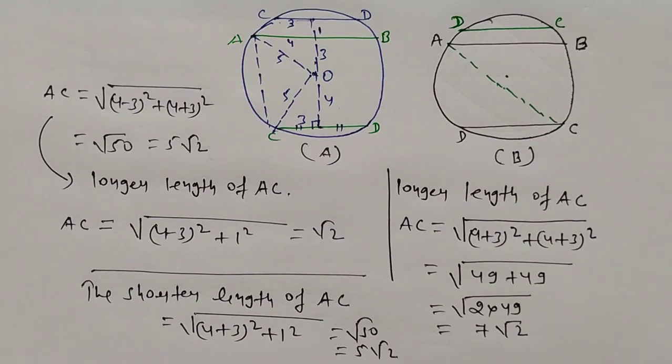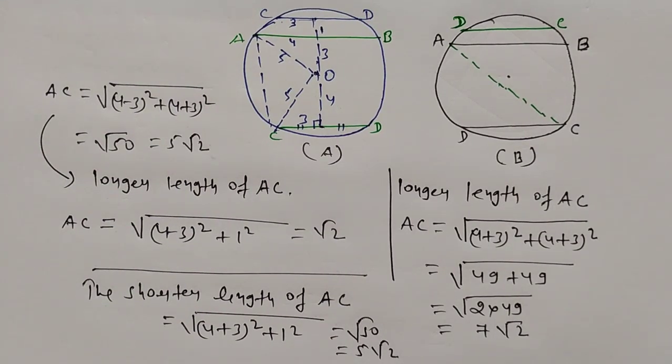So now these are the shorter and the larger lengths of chords, and this is the length of chord AC, and we can simply mention the lengths as root 2, 5 root 2 or 7 root 2.